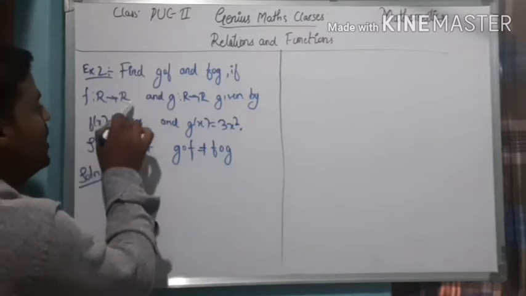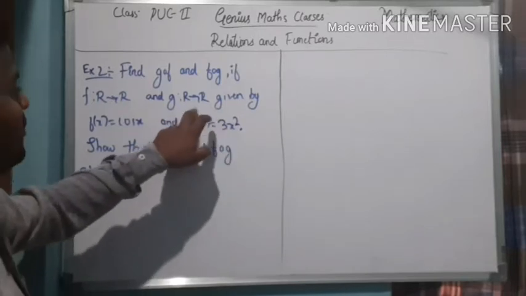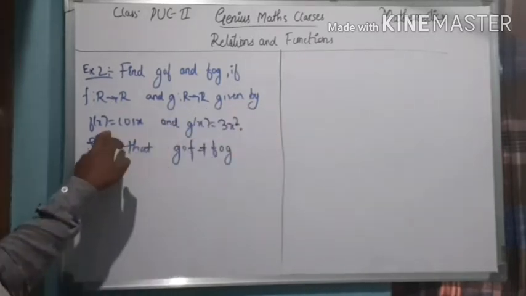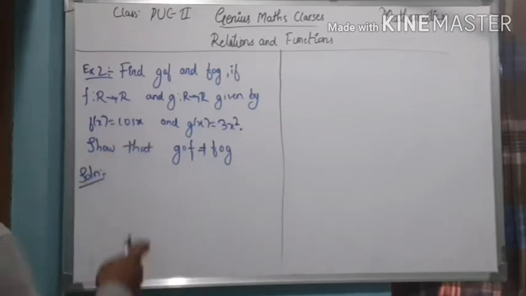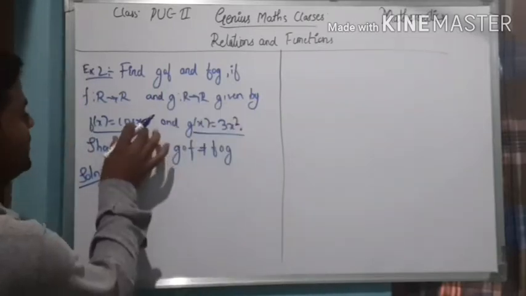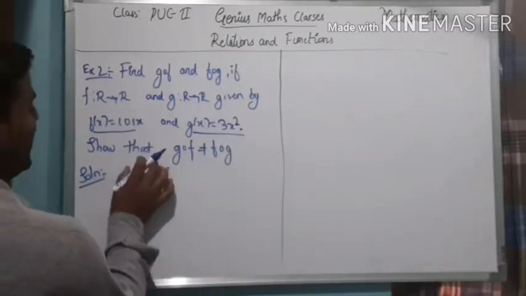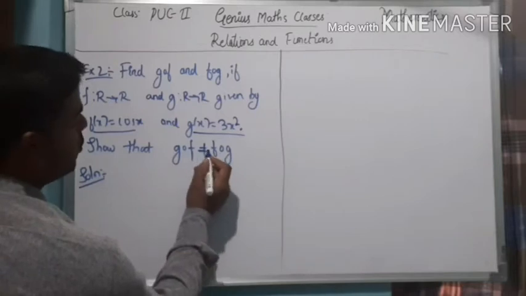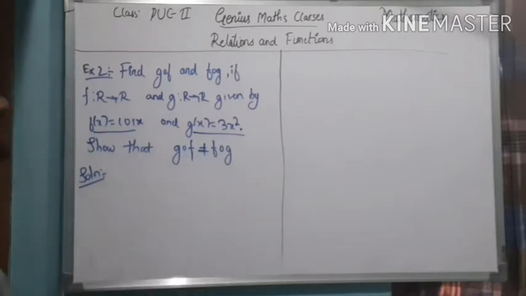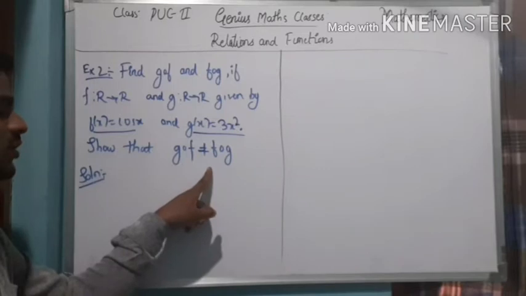The function is defined from R to R and g is defined again from R to R, given by f of x equal to cos x and g of x equal to 3x square. So both our functions are given. We have to show that g∘f is not equal to f∘g. That means this doesn't satisfy the commutative property.